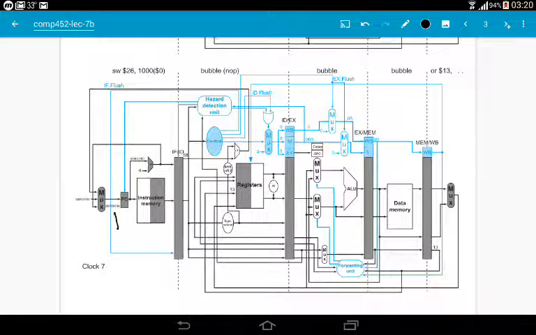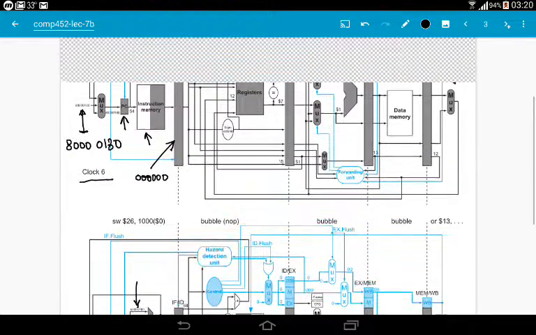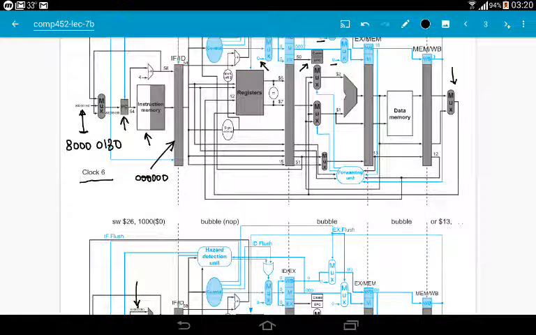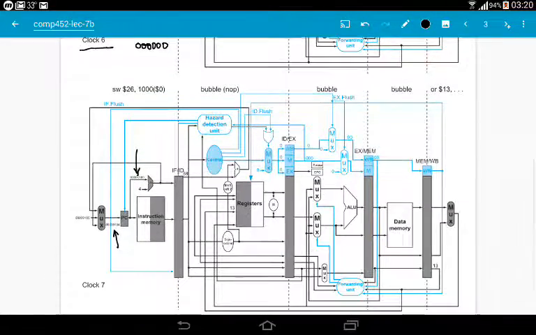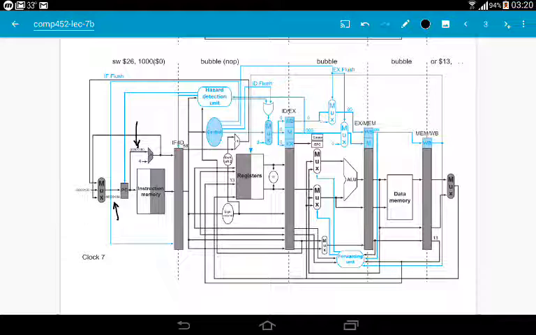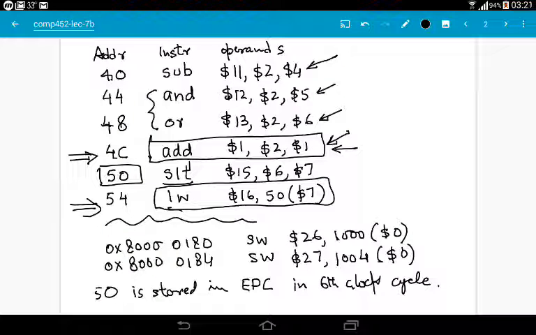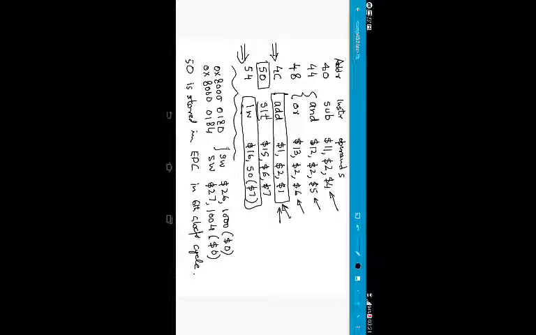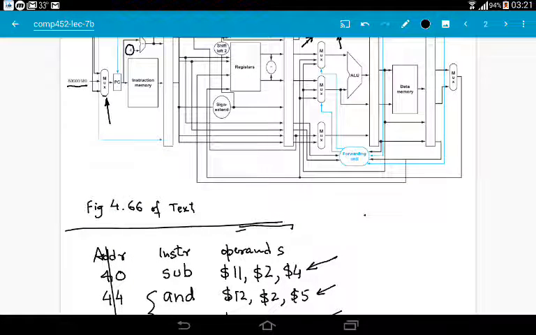Now this 0x8000-0180 is going into the program counter. It has gone into the program counter. Look, see here. And now what's going to happen is that this instruction will be... oh, I'm sorry, what did I do?